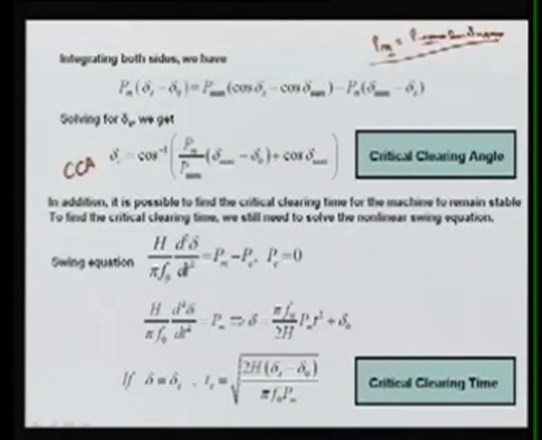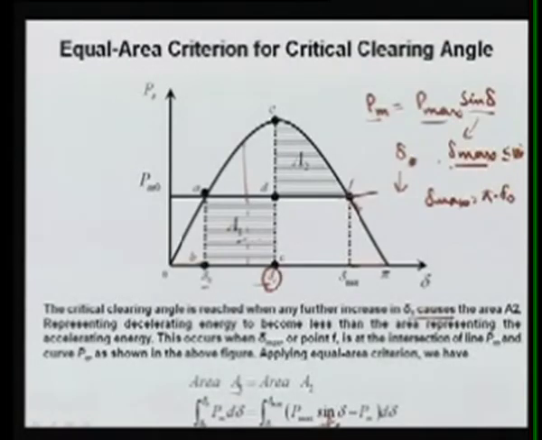Your swing equation is nothing but H upon pi f naught times the double differentiation of delta with respect to time, that will equal to your Pm minus Pe, and this Pe is nothing but 0. Because here in this curve you can see this Pe is 0.